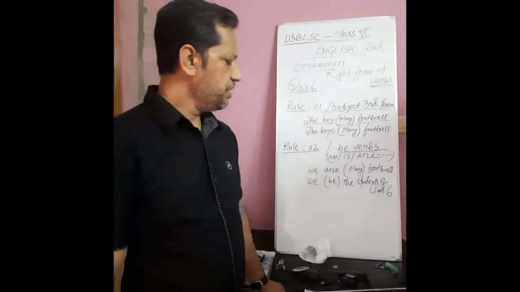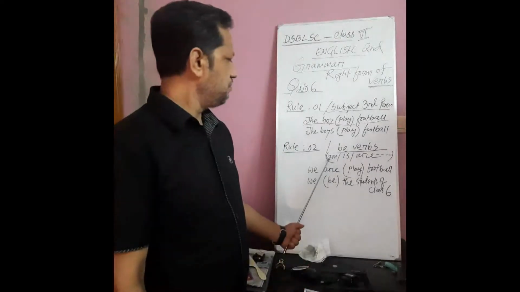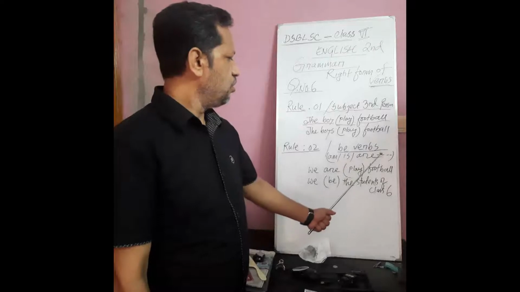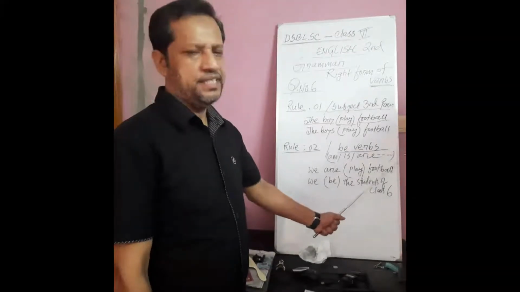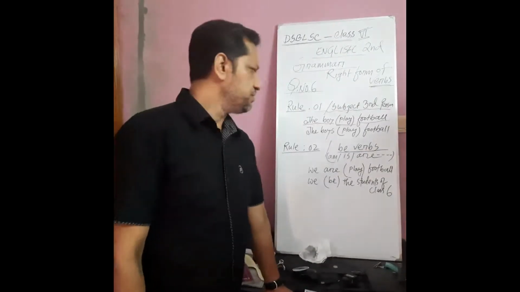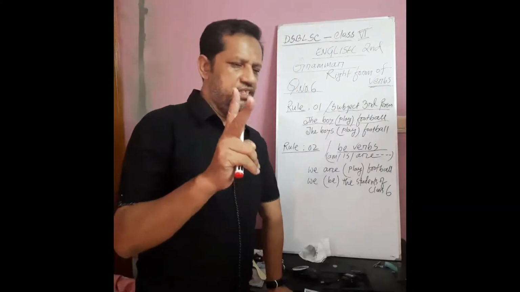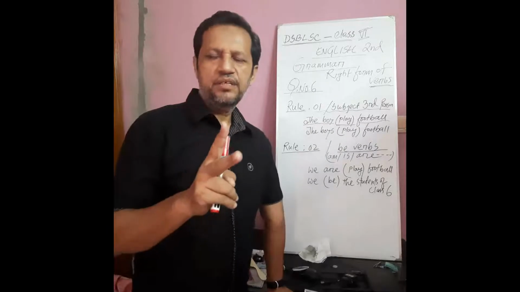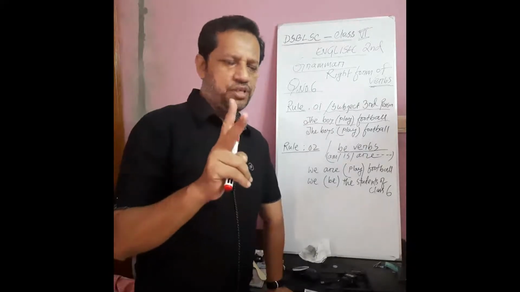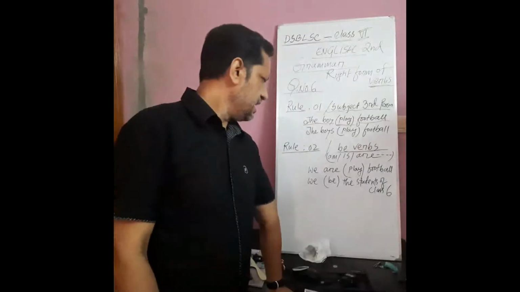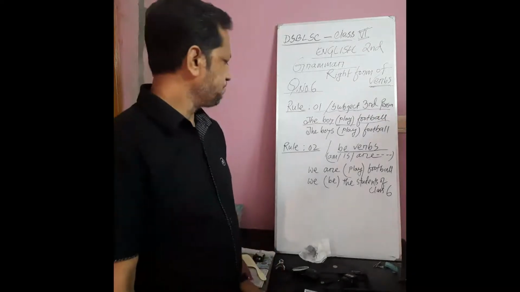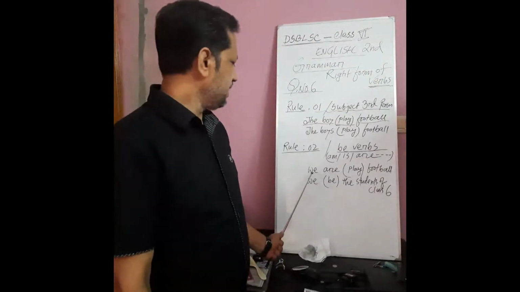Here, be verbs am, is, are, was, or were. These verbs may be used in 2 ways. Here you can see that subject we.